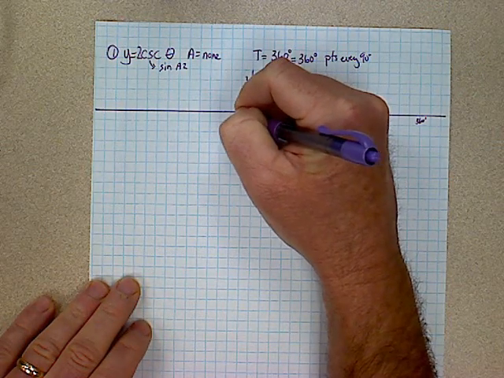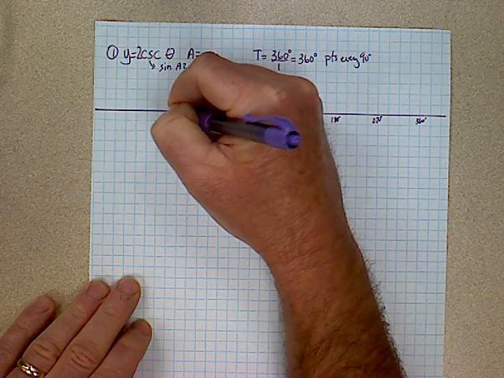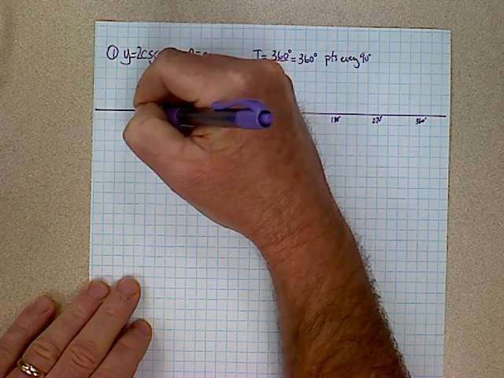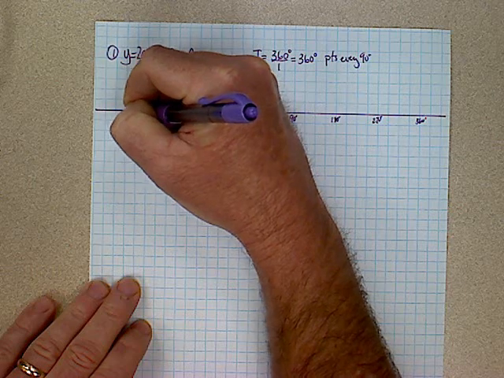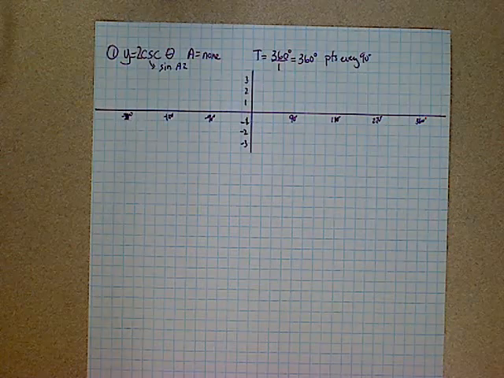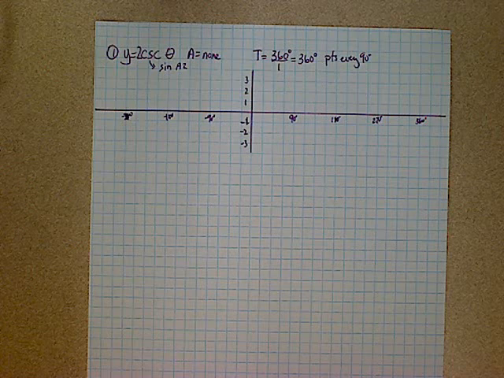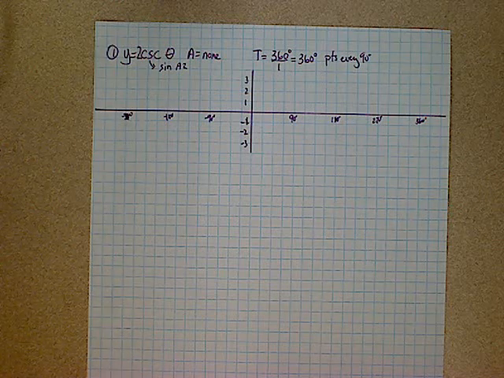Going backwards, 1, 2, 3, -90. 1, 2, 3, -180. 1, 2, 3, -270. And I'm going to run out of room here, unfortunately, for the 360. But you're going to see the majority of the graph and be able to make it all work on yours. Try to find that middle a little better than I did, and that'll help space out the 360s right.